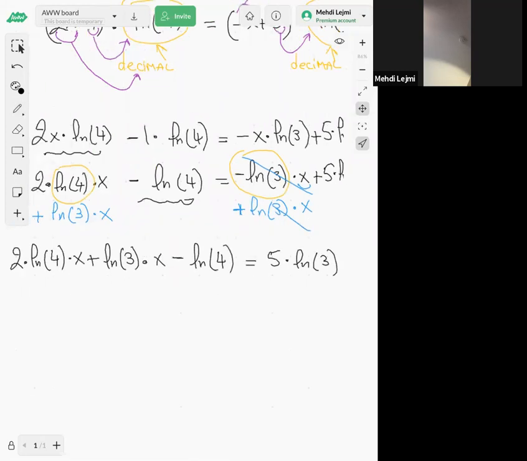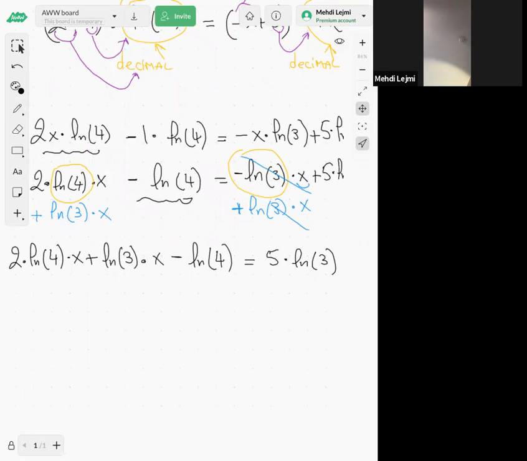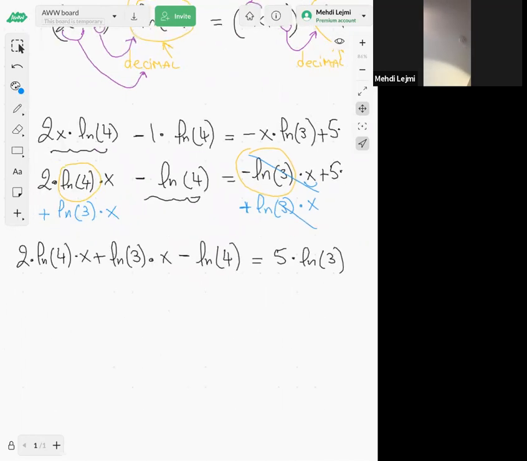Right? Now, as I said, you keep the x on the same side. So my x is there on the left side. Everything else, which doesn't involve x, I have to move to the other side. So I'm going to move this natural log of 4 to the right side.